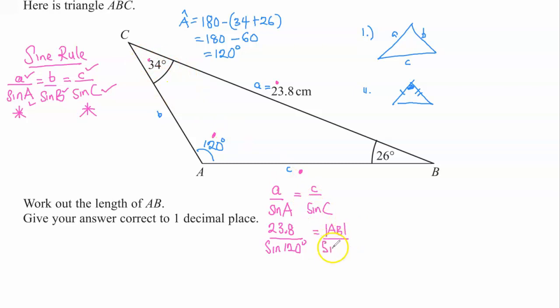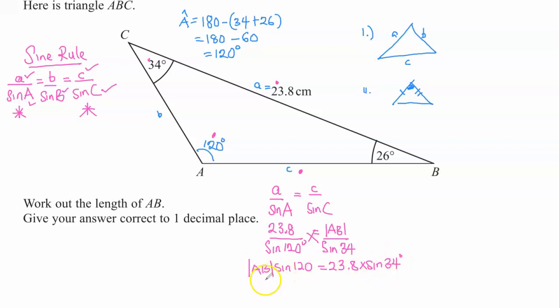So that's sine 34 degrees. Good. So I can just cross multiply here. So this is going to fetch me AB times sine 120 degrees is going to be equal to, so this is what I did, cross multiplication, 23.8 times sine of 34 degrees.